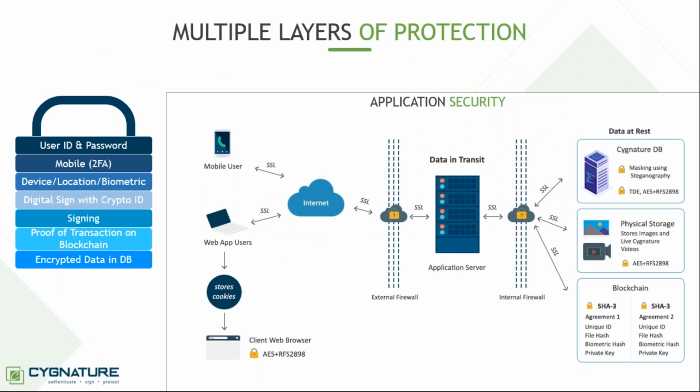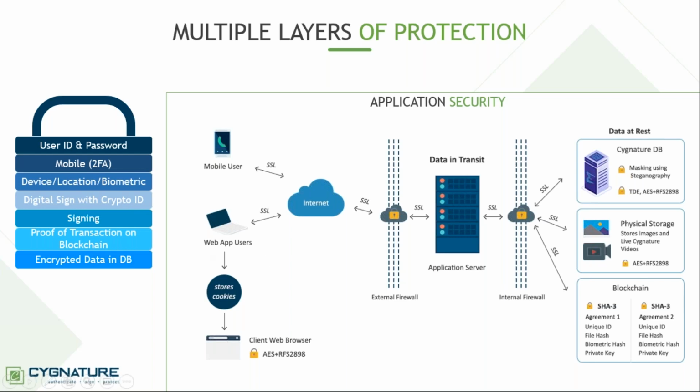Cygnature provides one of the most secure ways to sign documents. If you can see on the left, you have 7 layers of protection, starting from user ID and password to two-factor authentication using OTPs, capturing all the location, signing with crypto IDs, and then finally storing the transaction on blockchain using encryption of the highest caliber.